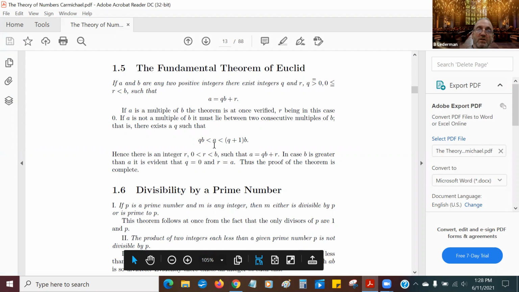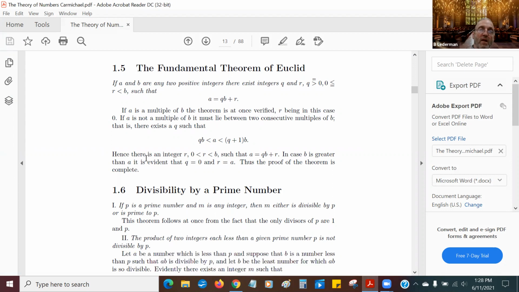That's where 41 lies. Hence, there is an integer R, which is between 0 and B, and R is greater than 0 because we're looking at the case where it's not a multiple, so R is strictly greater than 0.